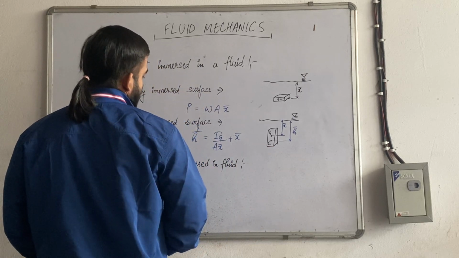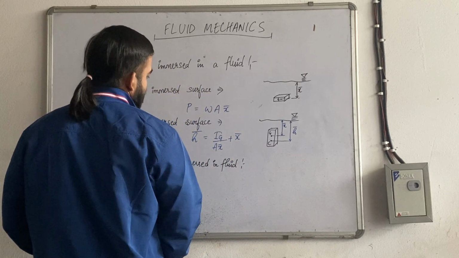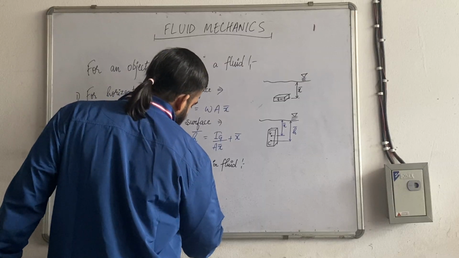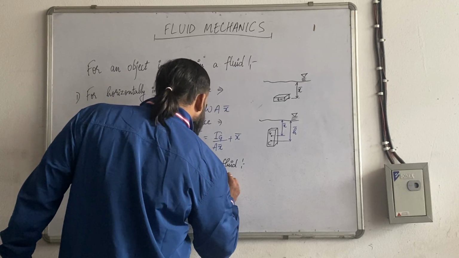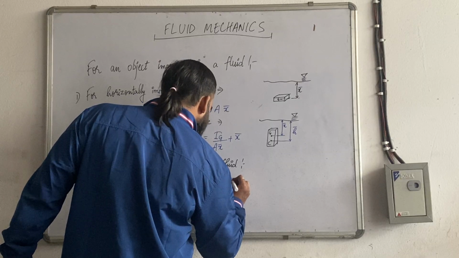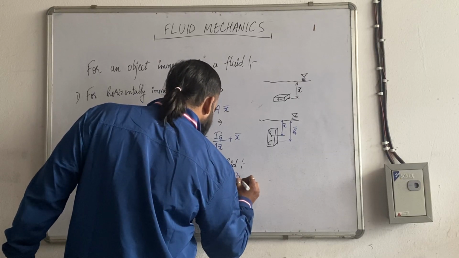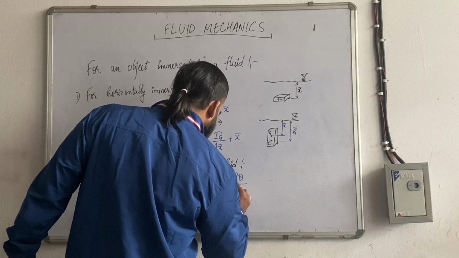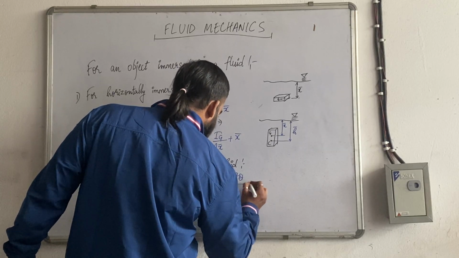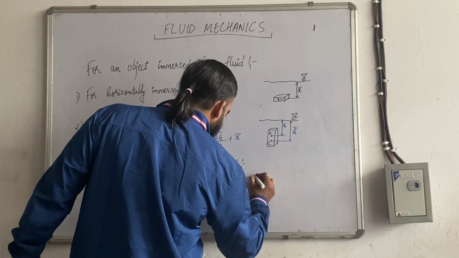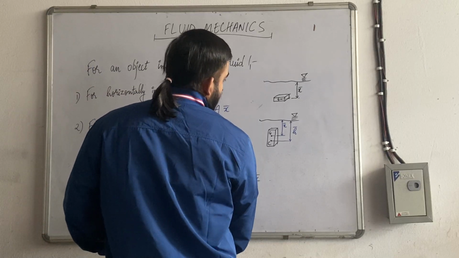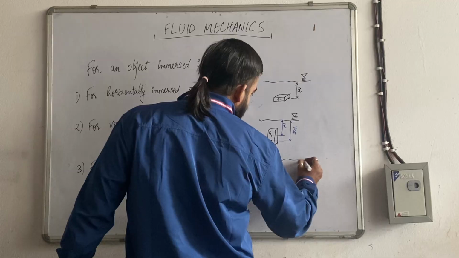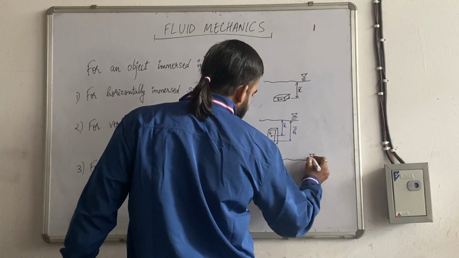In this, angle comes into the picture, that is h bar can be written as Ig sine square theta upon Ax bar plus x bar, which can be interpreted by this figure.